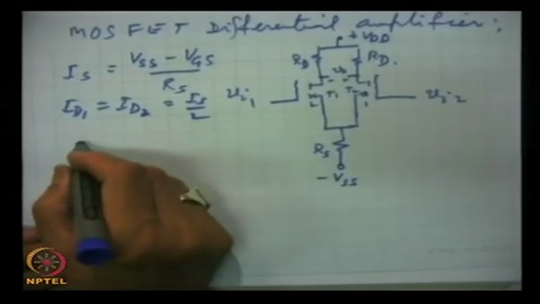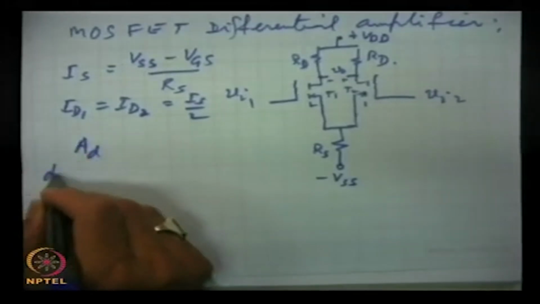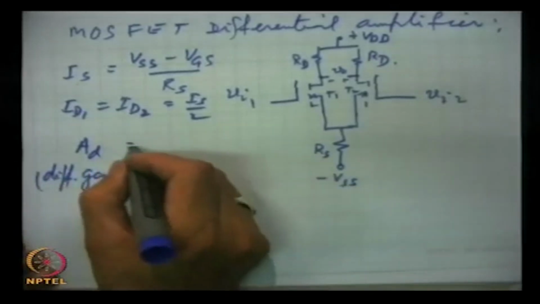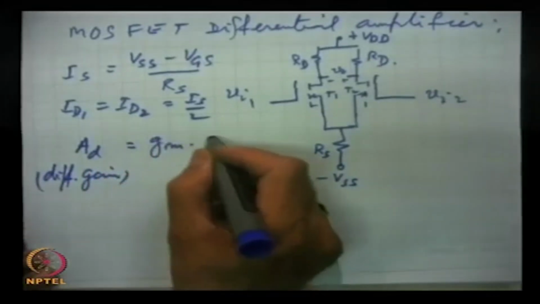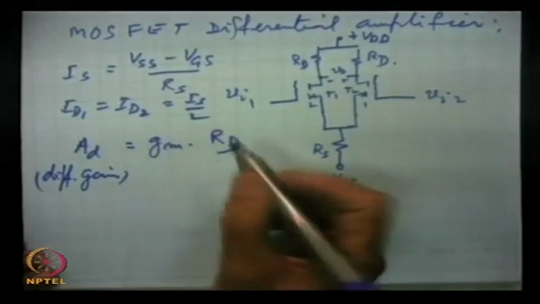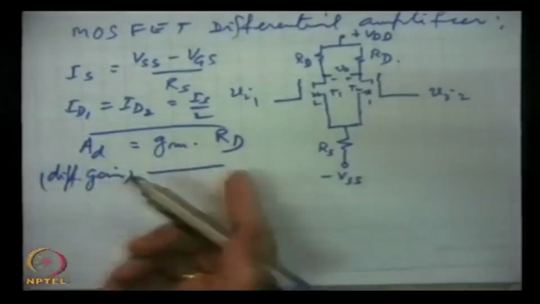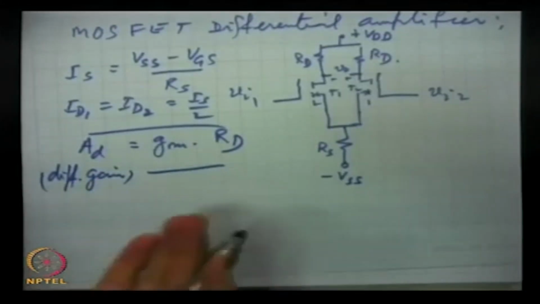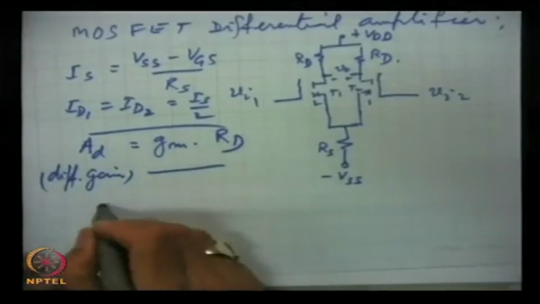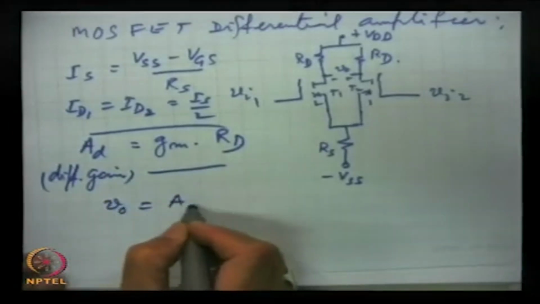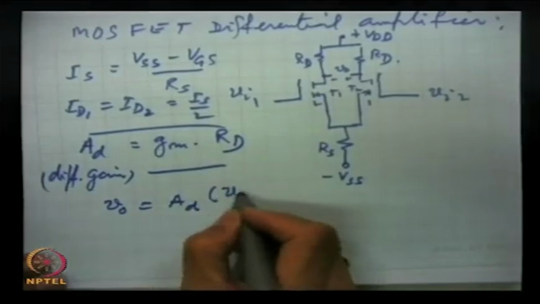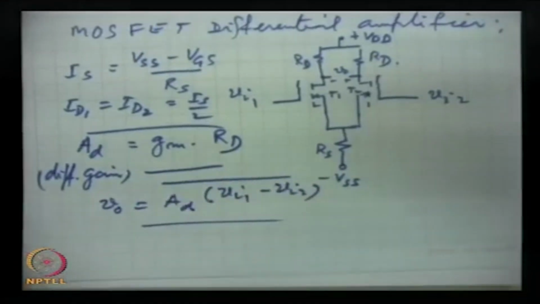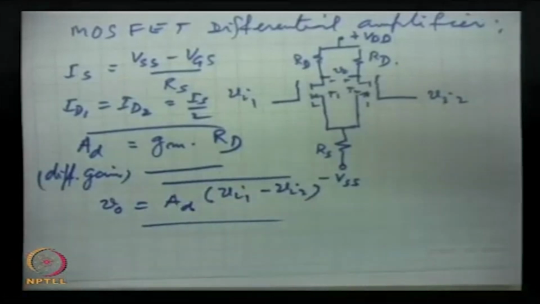The differential gain in this case will be GM into RD. For a MOSFET we have derived this relation. So, this is the voltage gain, and V0 will be AD into VI1 minus VI2 as usual. So, this is the differential amplifier.